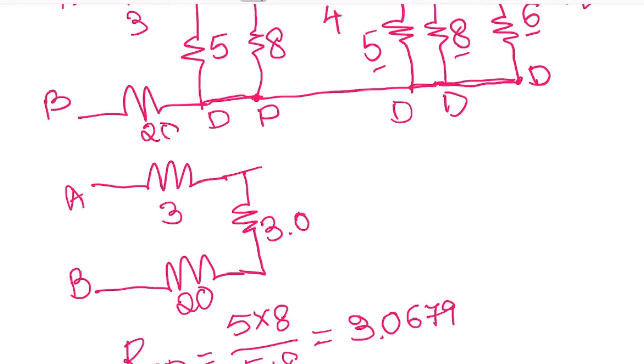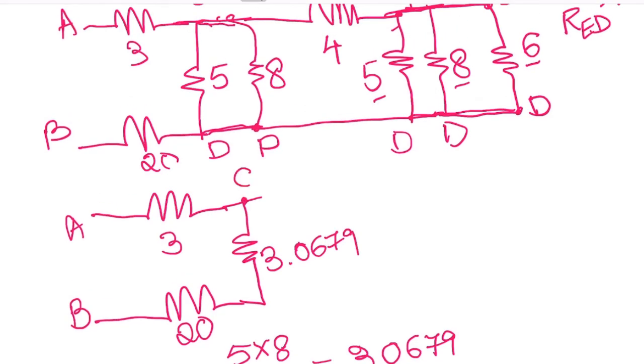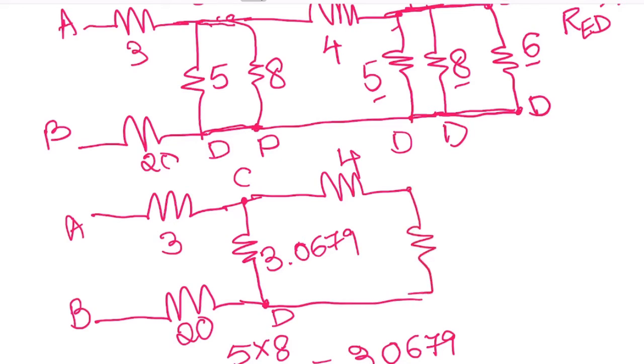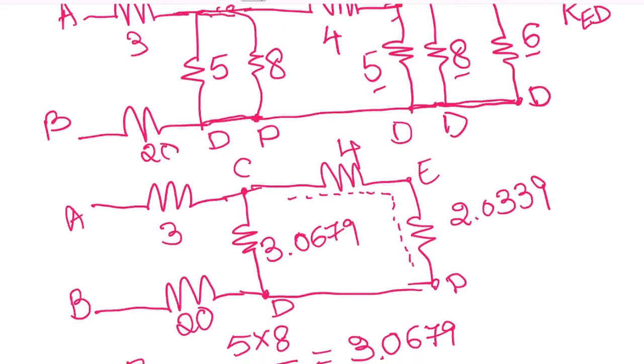This will be 3.0679, and this is C point and this is D point. Now this is a 4 ohms resistor. Already you have calculated across E and D the resistance is 2.0339 ohms. If you assume a current passing through the 4 ohms and the 2.0339, those two are connected in series.